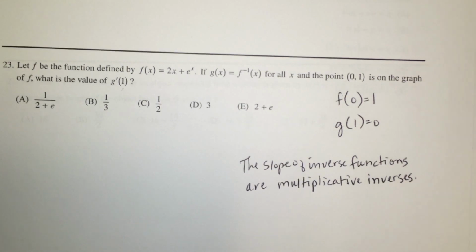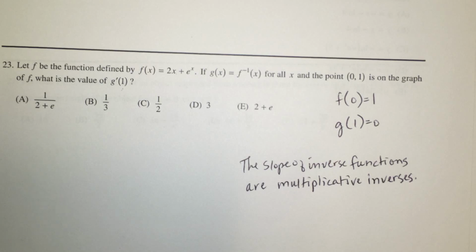So if you're talking about parallel lines, you know that parallel lines have the same slope. If you're talking about perpendicular lines, you know that perpendicular lines have opposite reciprocal slopes. Well, the slopes of inverse functions have multiplicative inverses, which means that they just have reciprocal slopes.